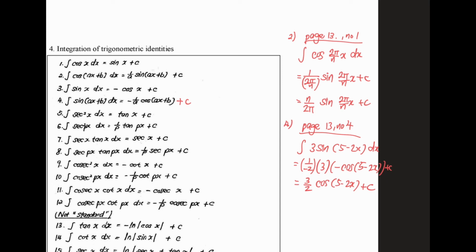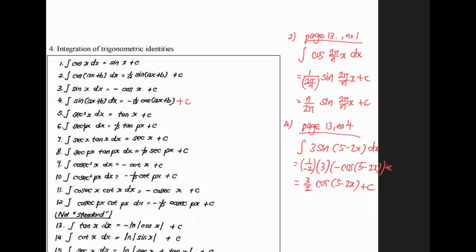We look at the formula again. Integrate secant square x become tangent x plus c. Integrate secant square px, differentiate the angle px, then you get p, then you divide by p. So that's why there is a 1 over p here. Then secant square you integrate become tangent, take back the same angle, px plus c. Okay, now let's see one example.